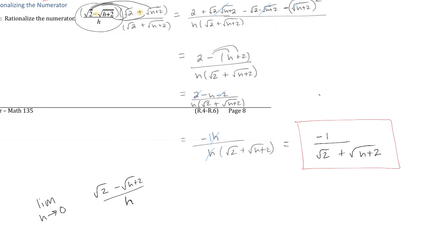But by using algebra and rewriting this, we can see actually as h goes towards 0, everything else is numbers, so that would actually end up getting closer to negative 1 over square root of 2 plus square root of 2, which is an actual number.